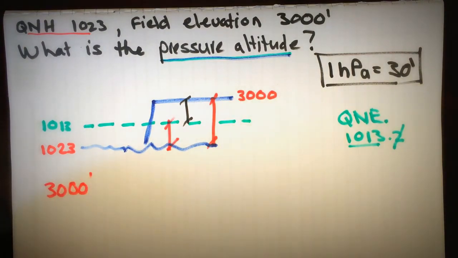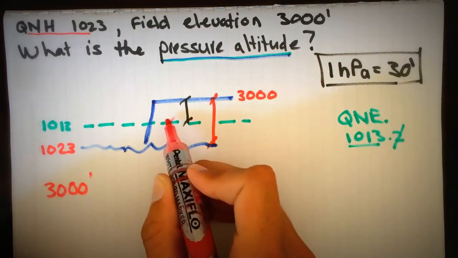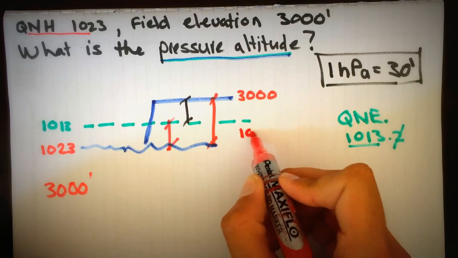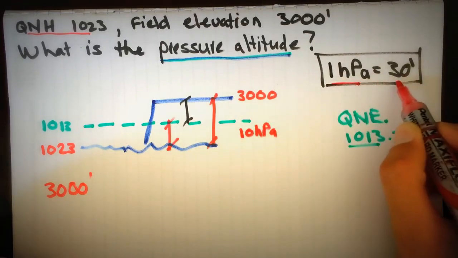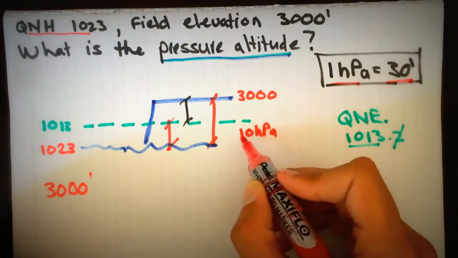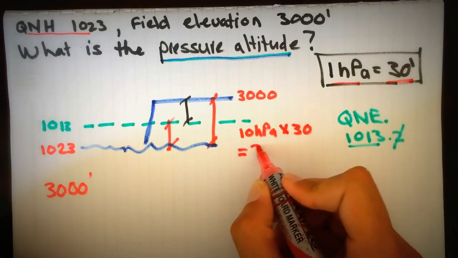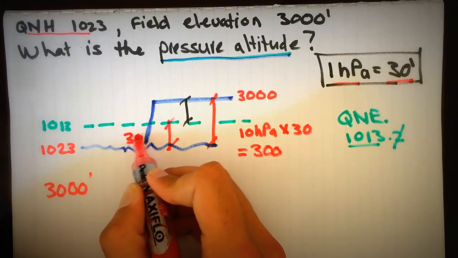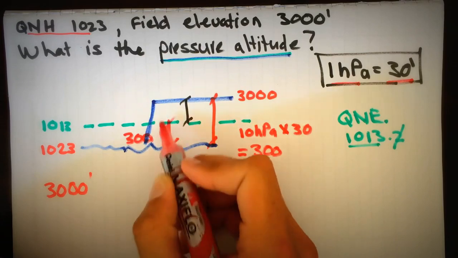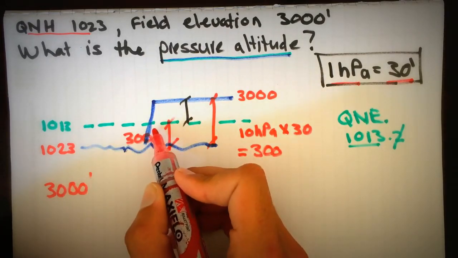We've got a hectopascal difference between these two of 10 hectopascals. And we know that 1 hectopascal is equal to 30 feet. So if we multiply 10 by 30, we get an answer of 300 feet. So that means there is a 300 feet difference between these two sections, between 1013 and 1023.